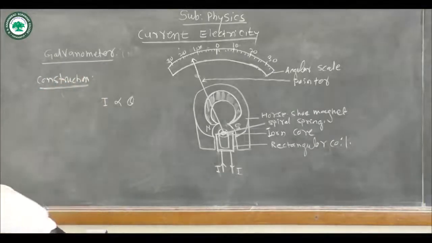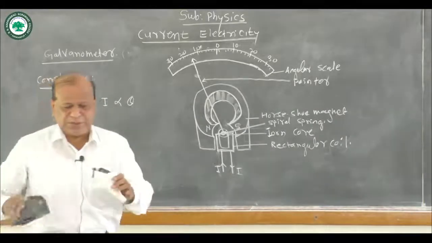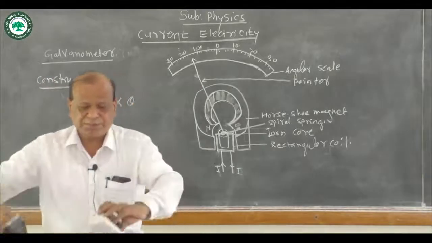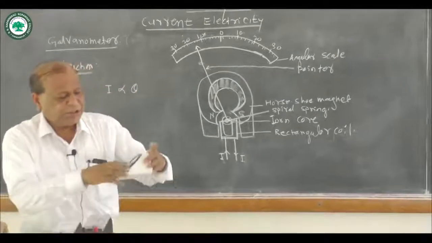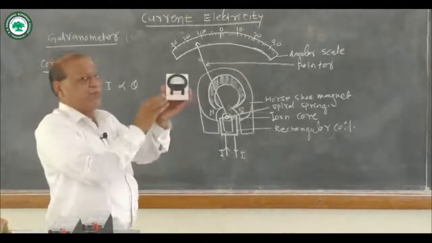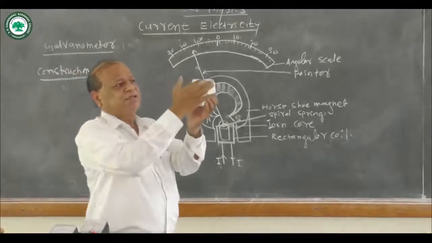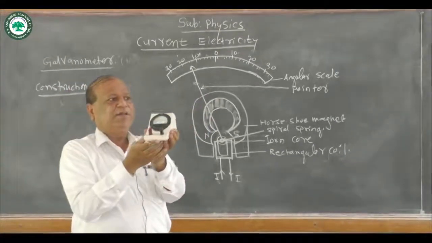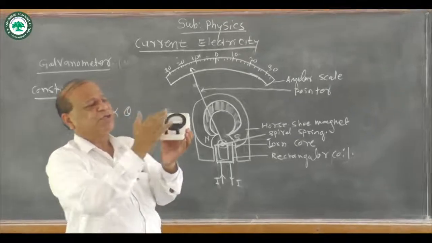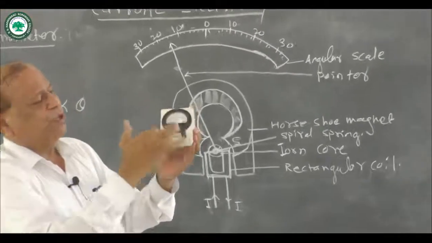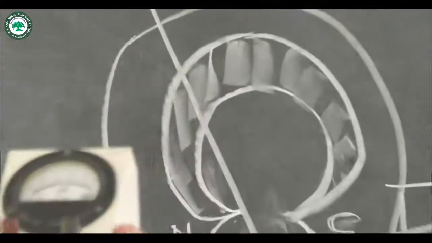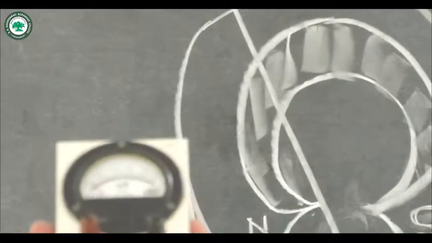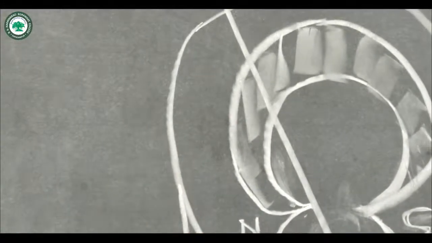Now these instruments are like this one. This is an ammeter here. Here the scale is calibrated in milliamperes, so it is a milliammeter or ammeter, which is used to measure the current.